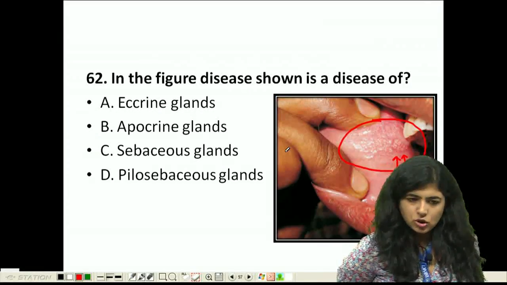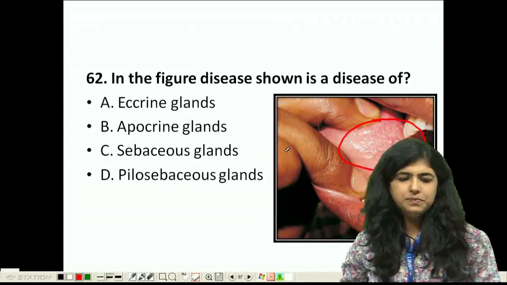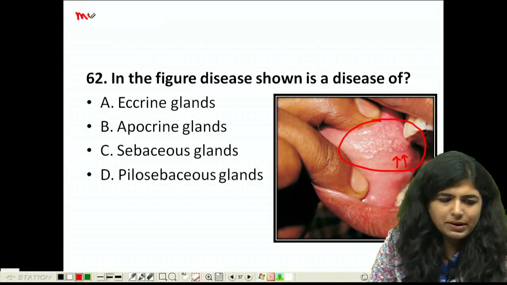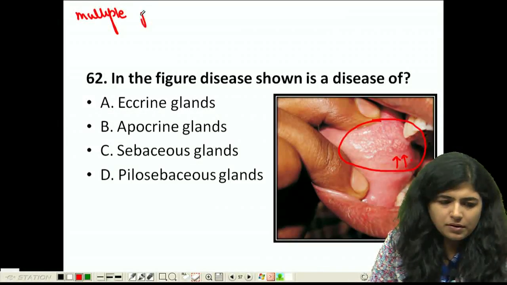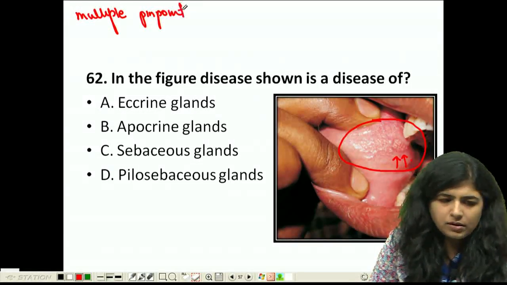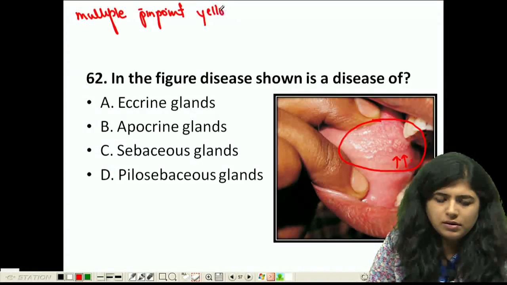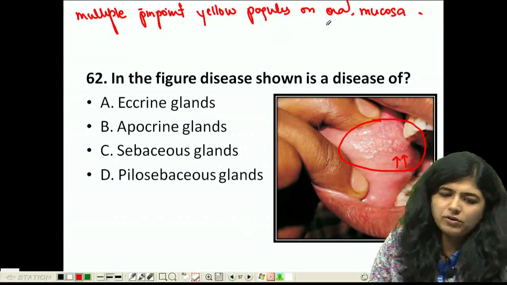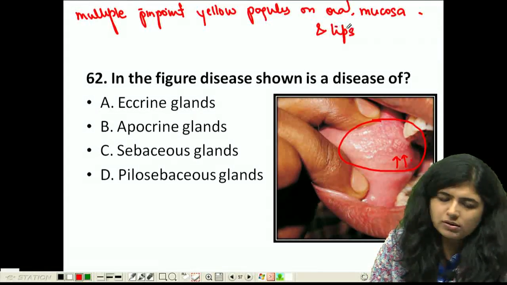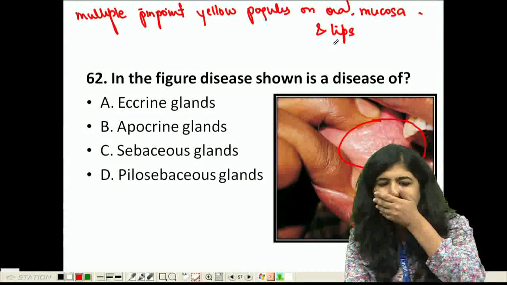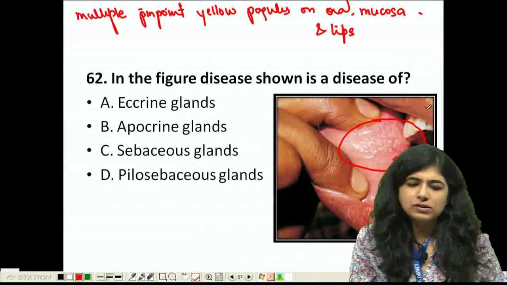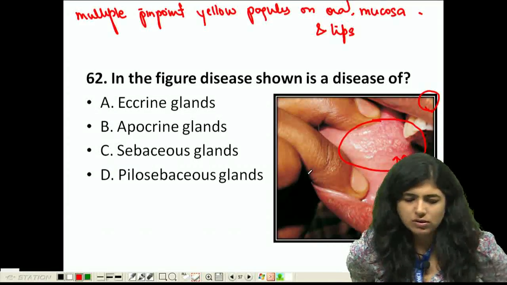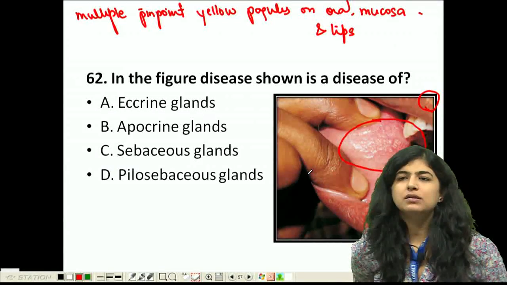You see multiple pinpoint yellow papules on the oral mucosa. You can also see them on the lips, not in this image, but otherwise, what is the diagnosis? See here, you're able to see this on the lips also. What is the diagnosis?